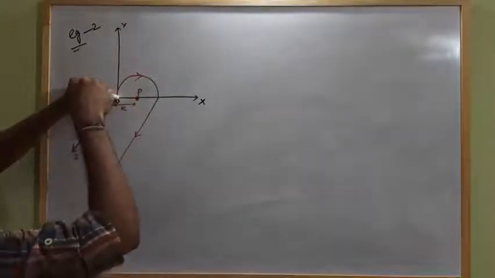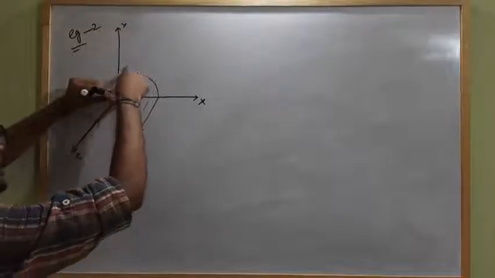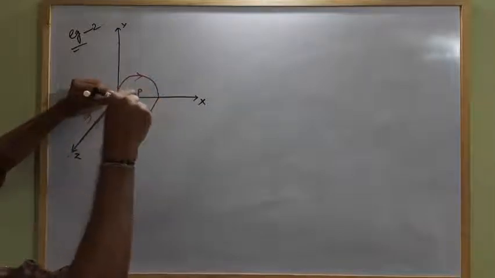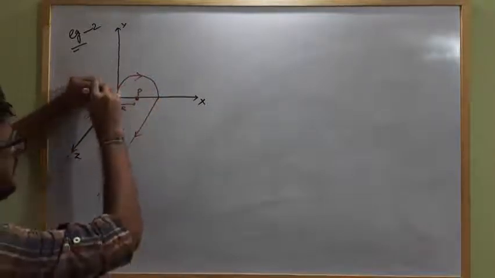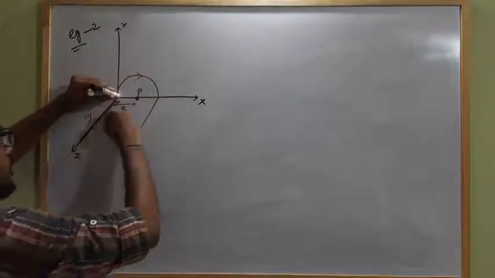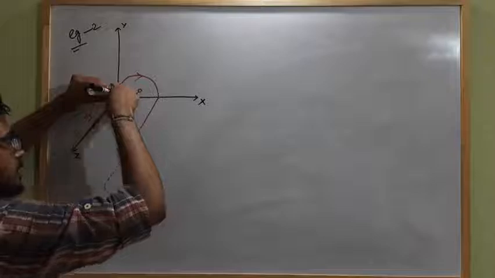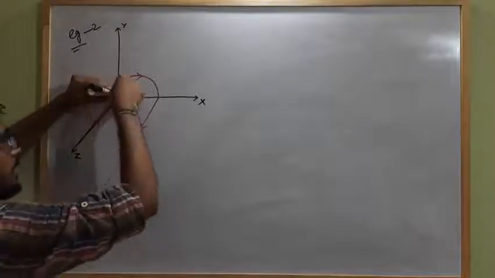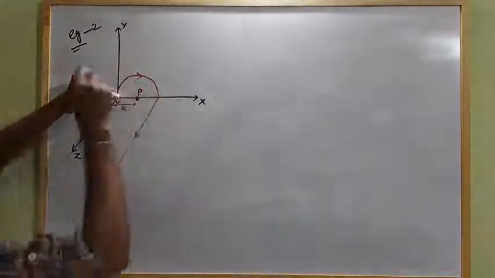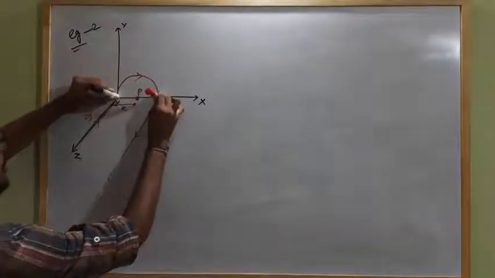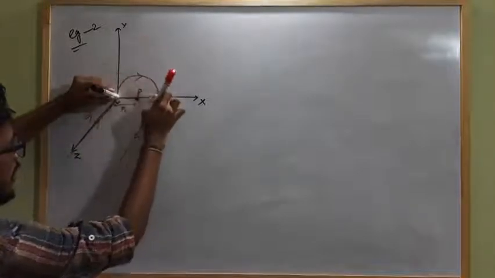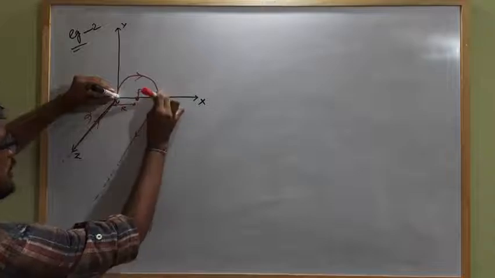So the current carrying conductor goes like this, again it bends along this, again this straight line comes like this. Okay, clear? Can you imagine this? This is the z axis, this is the x axis and this is the y axis. The current comes like this, again it bends here in the xy plane, again this current carrying conductor goes like this. Here is the current coming like this, then this is the circular arc, again this segment is like this.